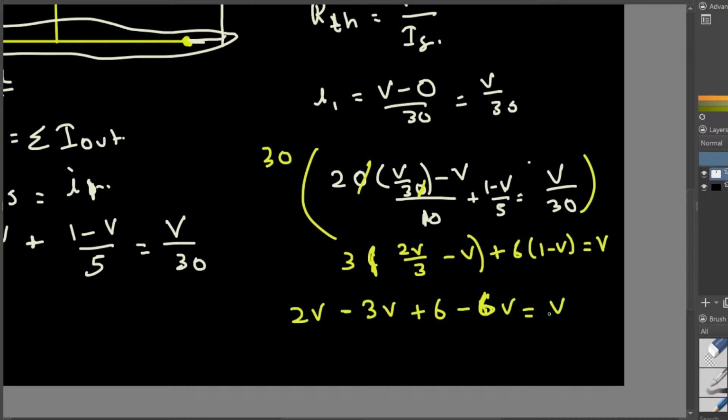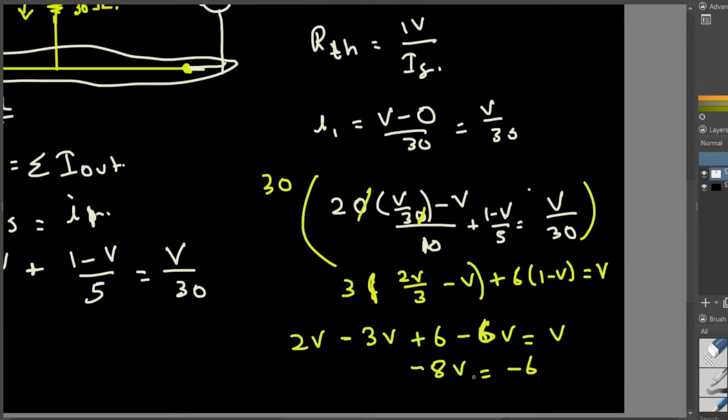And if I bring this V to this side, that's minus 8V. So this is going to be minus 8V right here, that's equivalent to minus 6. So therefore V is going to be equal to minus 6 divided by minus 8, which is 0.75 volts.